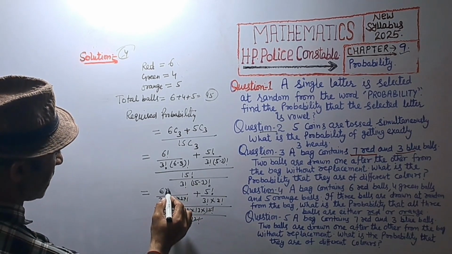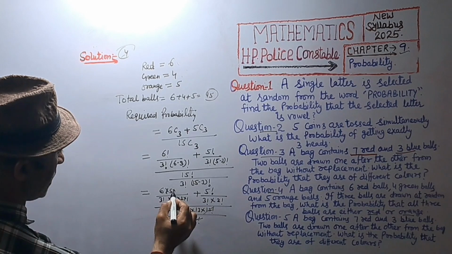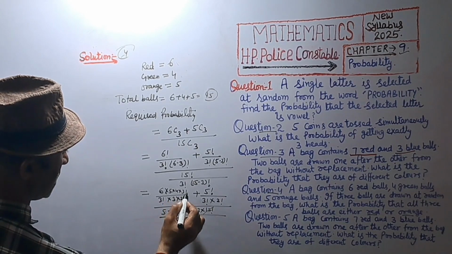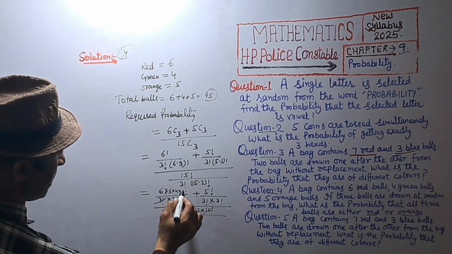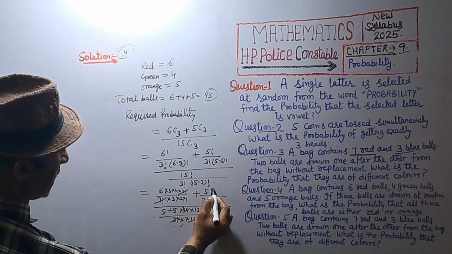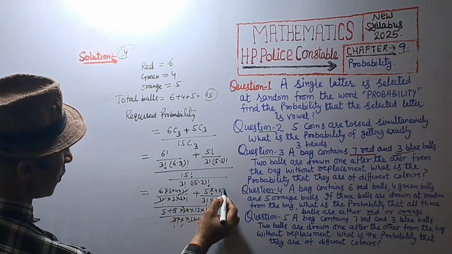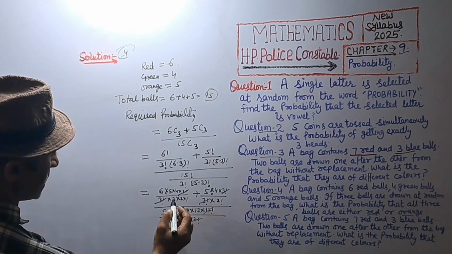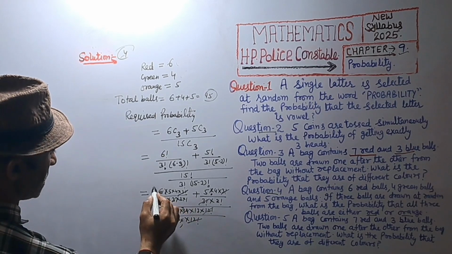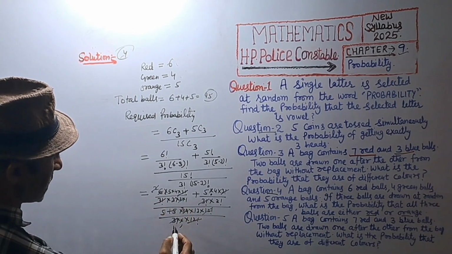So 6 factorial we can write as 6 into 5 into 4 into 3 factorial. 3 factorial cancels. And 5 factorial is 5 into 4 into 3 factorial, which is cancelled. 3 2s are 6, 2 2 is cancelled.